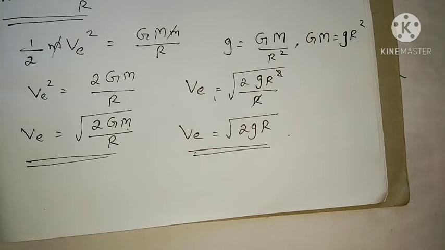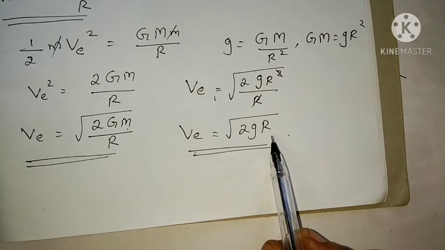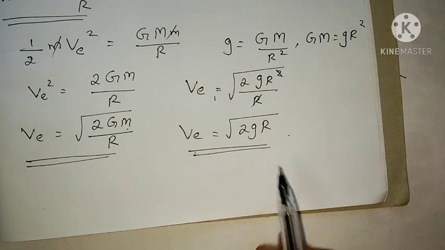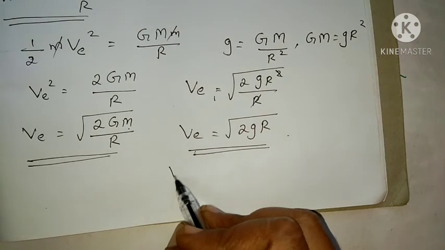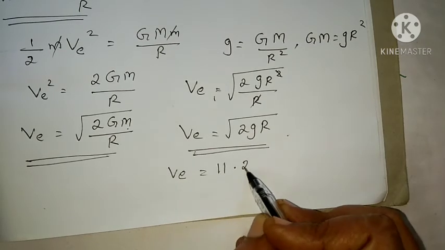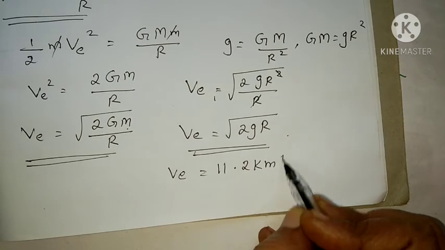Clear? When you substitute the value of g, 9.8 meter per second square, and the radius of the earth, 6.4 into 10 raised to 6 meter, we get the escape velocity for the earth, that is v equals 11.2 kilometer per second.